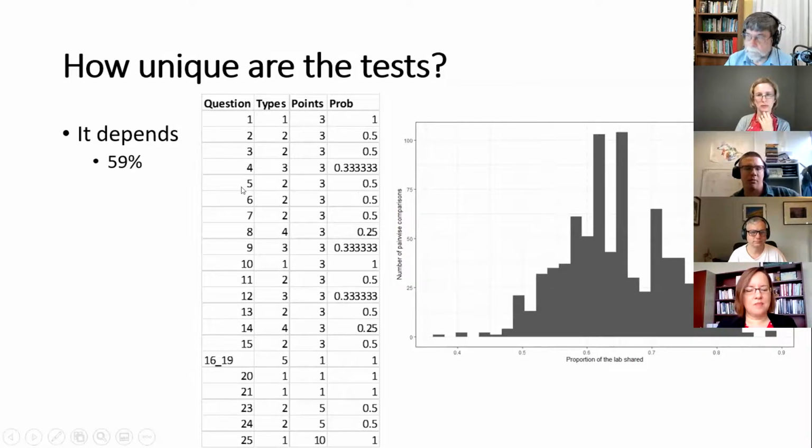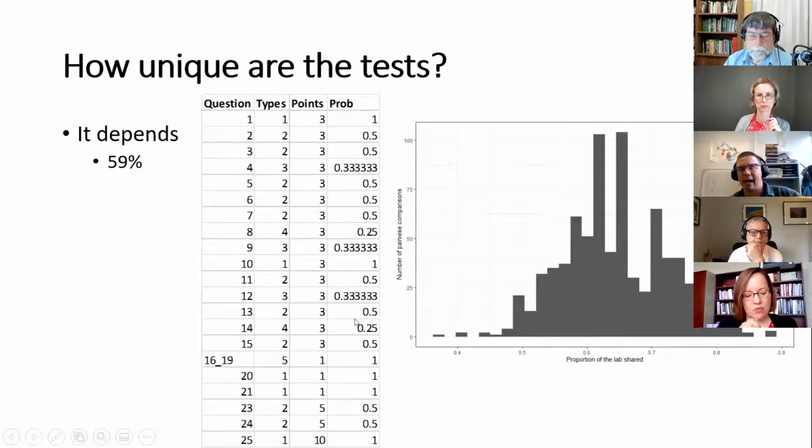This is a spreadsheet table that I had for one of my exams where there's 25 questions. For question 1, there's only one type, it's worth 3 points, so the probability that the students all get it is 1. In question 2, there's 2 types, so the probability of any 2 students getting the same question is 1/2, and so on.